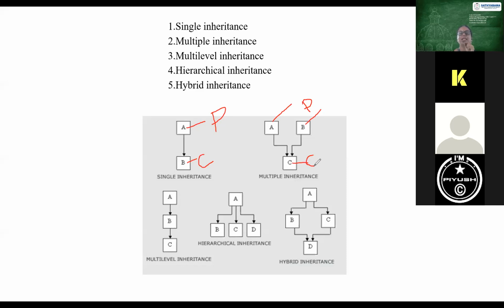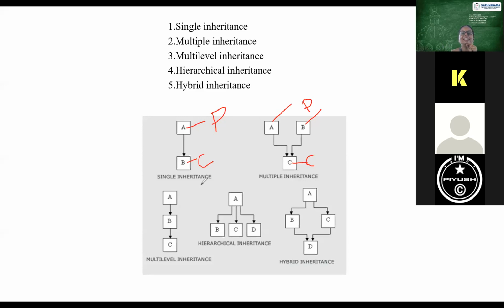That is called multiple inheritance: multiple parents from which a child is derived. The syntax will change. The base syntax we have seen is: class, space, child name, colon, access specifier, space, parent name. We will discuss it according to each type, but you have to understand two parent classes and one child class.